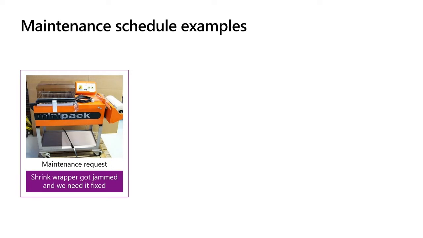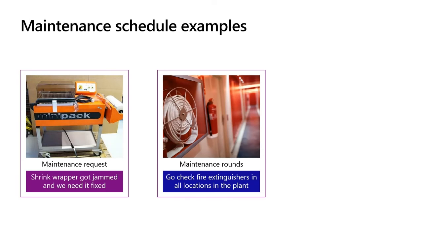So let's talk about some examples of the three components of the maintenance schedule. One example for a maintenance request would be if a shrink wrapper was jammed and it needs to be fixed, then a production employee may submit a maintenance request so a maintenance supervisor can create a work order to go fix it. An example of a maintenance round would be if we need to periodically check that all the fire extinguishers are all properly functioning in the plant.